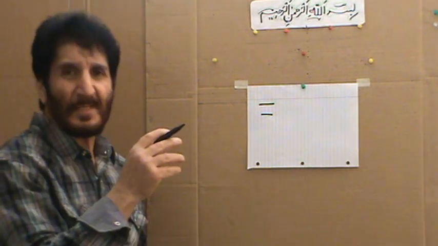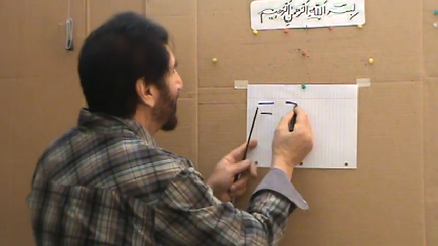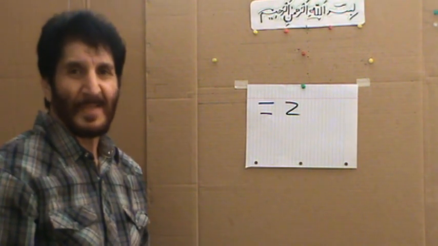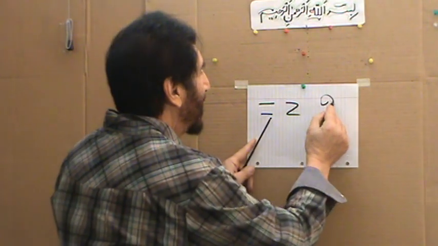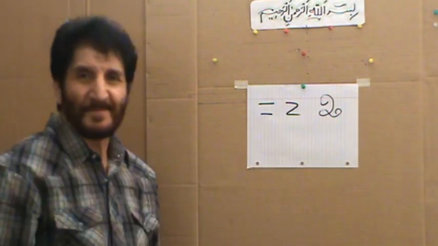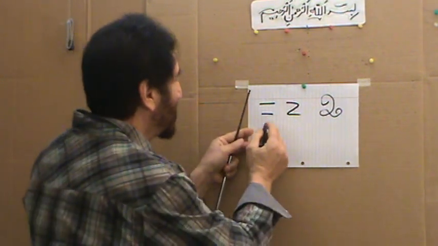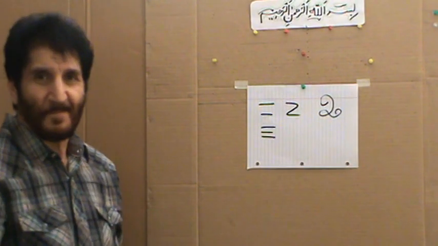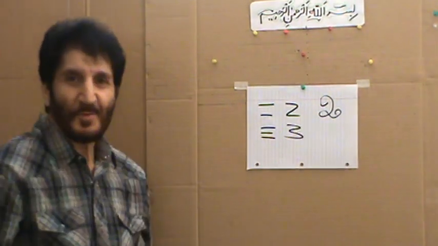Now then you become a little bit quick and you do it like that. Look, that is where our 2 comes from. And then of course the artist comes and makes it nice looking. The very same is true with 3. 3 is what? 3 tally marks. Now you become quick and fast, you do it like that.